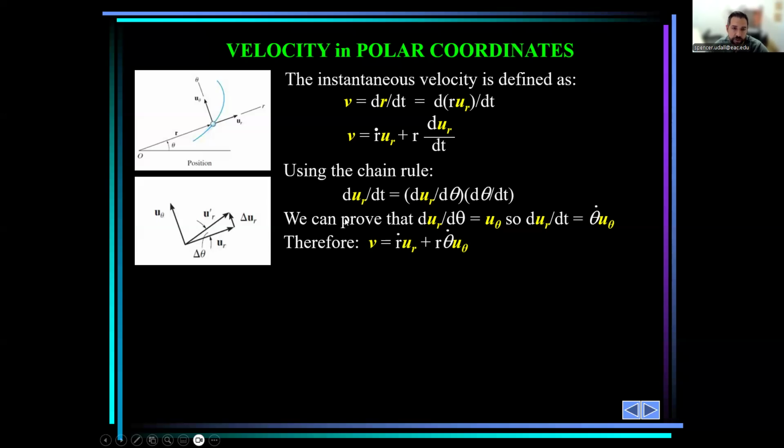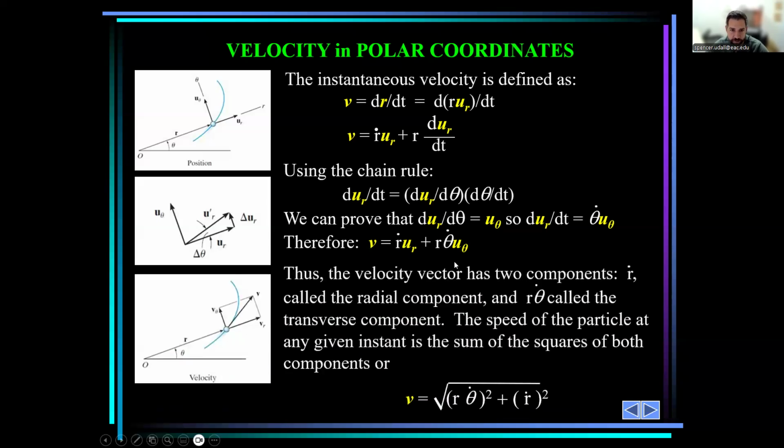So we can do it as a vector, but most of the time we're just going to be interested in the magnitude. So the amount of velocity in the r direction is the time derivative of r, and then r times the time derivative of theta is the magnitude of the velocity in the theta direction.